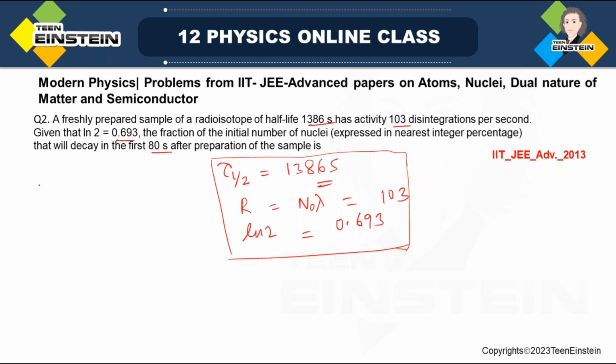Now look here, the fraction will be obtained like this: 1 minus e to the power minus lambda t. Because t is 80 seconds and lambda is not given directly, this term can be expanded up to the first power.